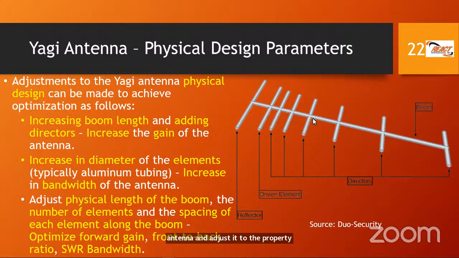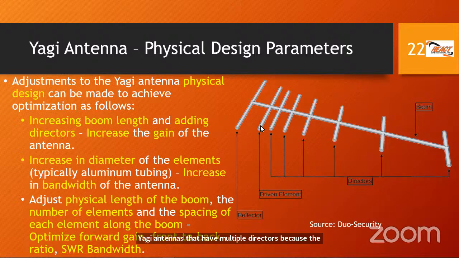If you want the antenna to have more gain, you can add more directors to make it more directional and give it greater gain. That's why you will see amateur radio operators using Yagi antennas with multiple directors, because the more directors there are, the more gain and the more directional the antenna is.